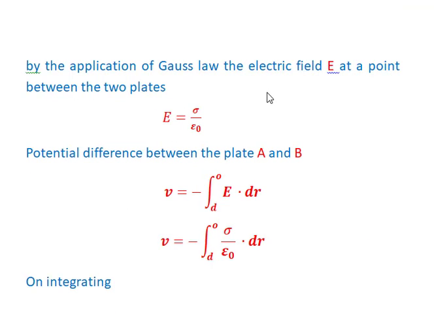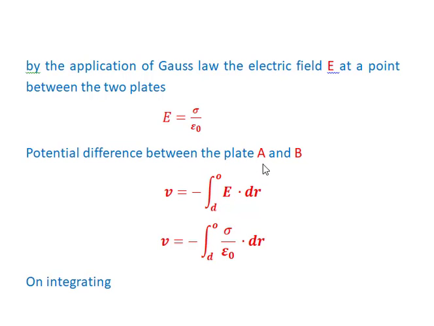This electric field E at this point between the two plates is given by sigma by epsilon naught. What is sigma? It is the charge density, the amount of charge in a particular area. You know well that epsilon naught is the permittivity of the medium, air or any material present in the gap between plate A and plate B.